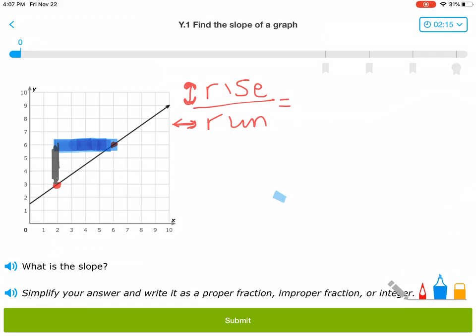All right, so when we look at it, we rise up 1, 2, 3 spaces. So 3 is our rise. We run over 1, 2, 3, 4 spaces. So our run is 4. Okay, so that means our slope is 3/4.